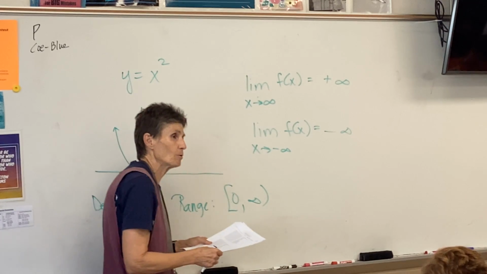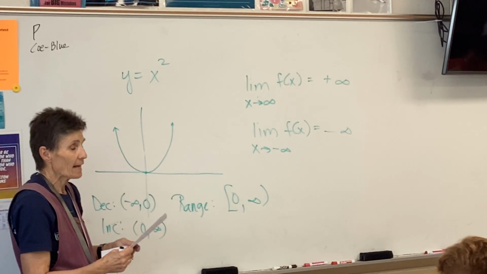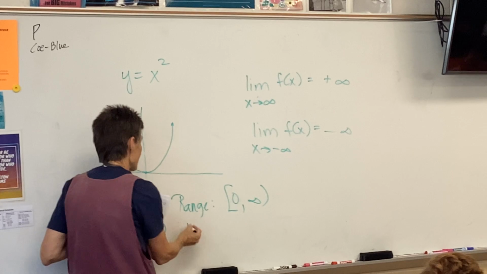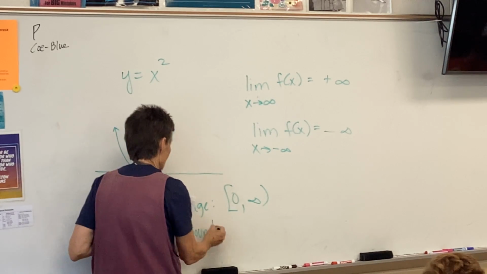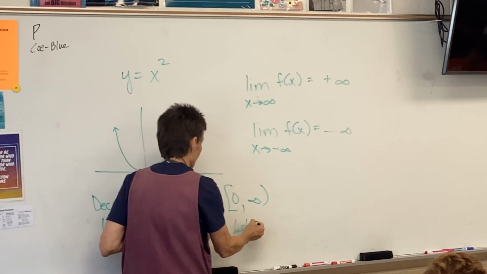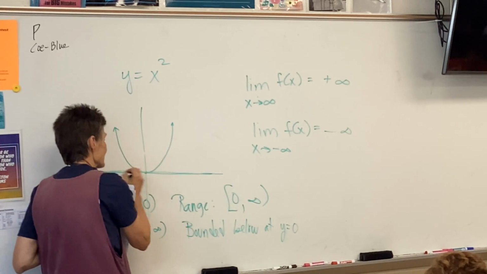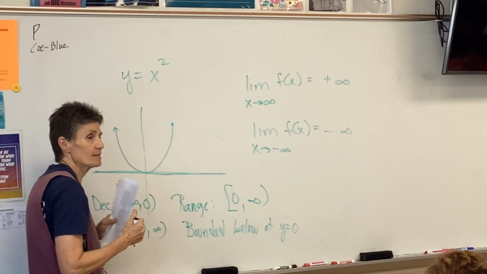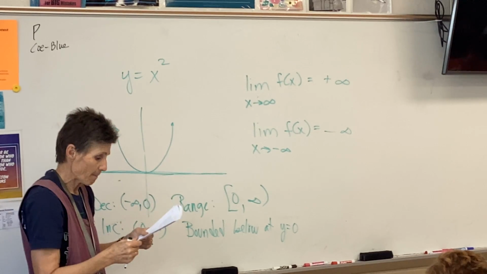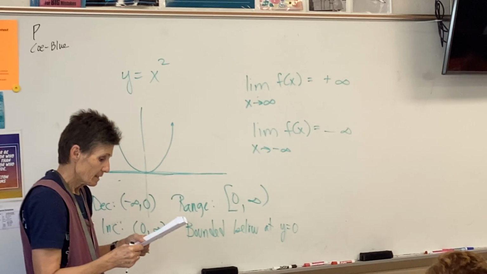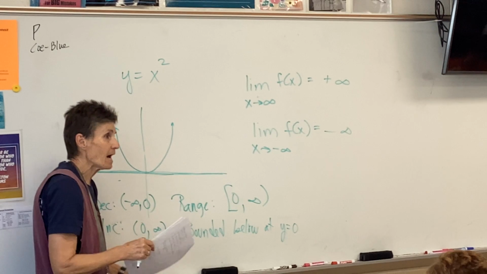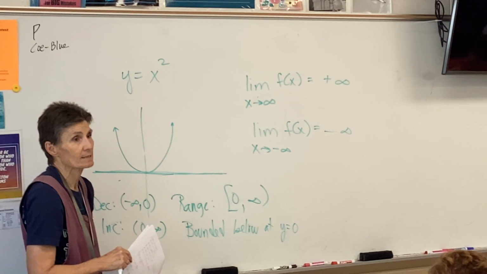Bounded, does it have a ceiling or a floor? It has a floor. So this one you would say bounded below at y equals 0. The floor is at 0. It doesn't go past that. Does it have any high points or low points?